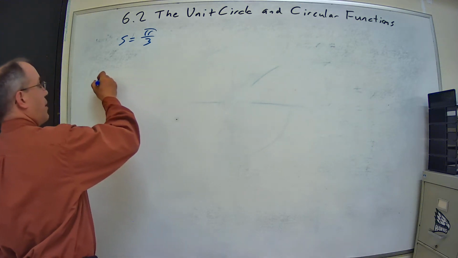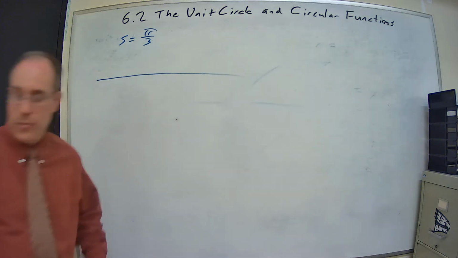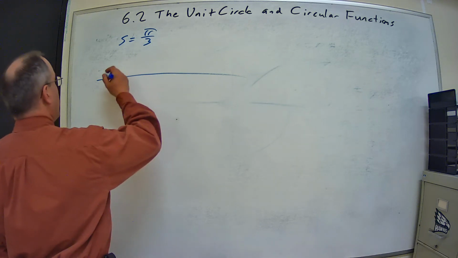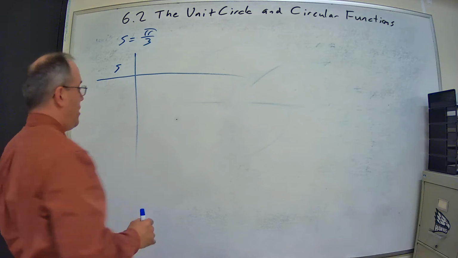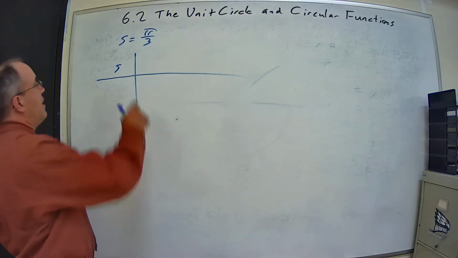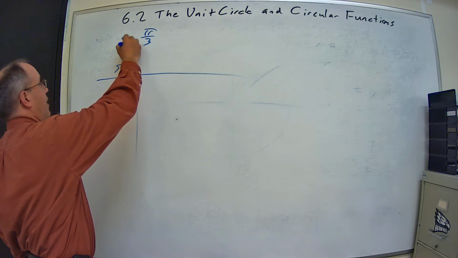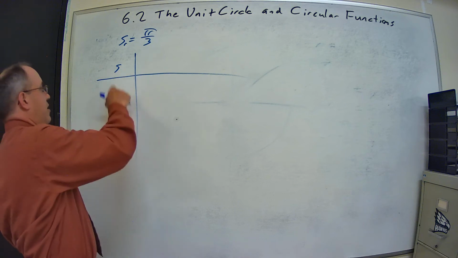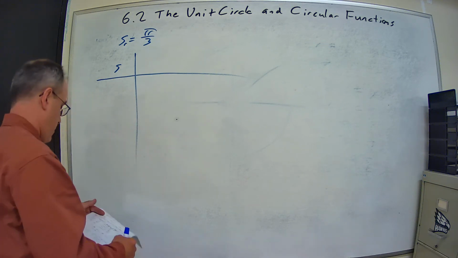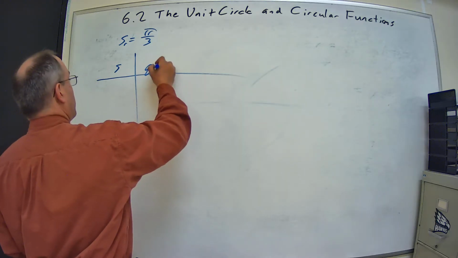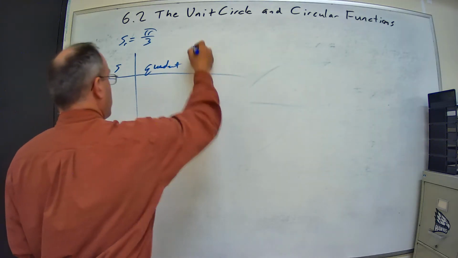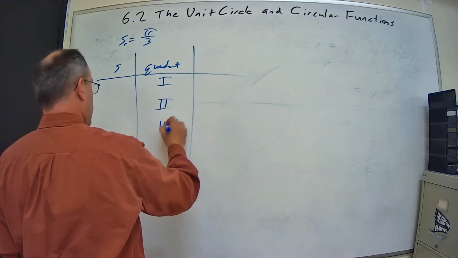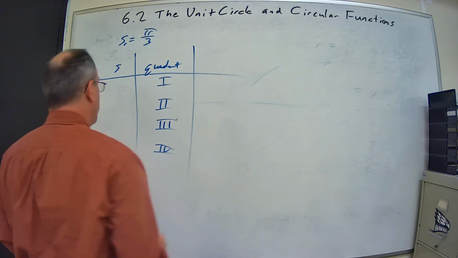So what I'm going to do is create some columns here. We're going to have our S, and really I should say that's our reference angle S, so I'm going to say S of R just to state that's the reference angle S, because S is going to be in 4 different quadrants. So let's do the quadrant. So obviously 1, 2, 3, and 4.